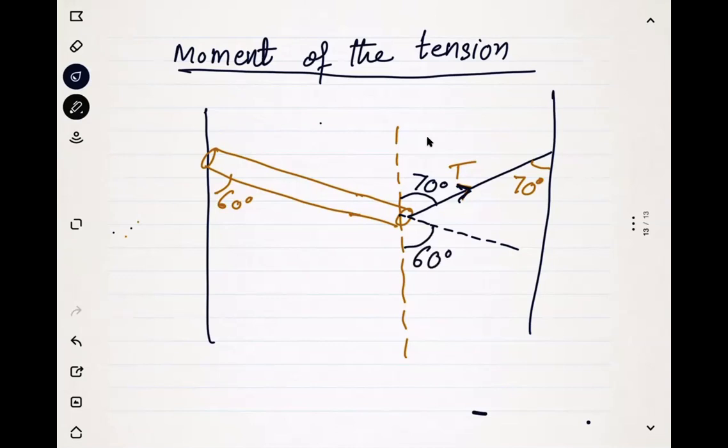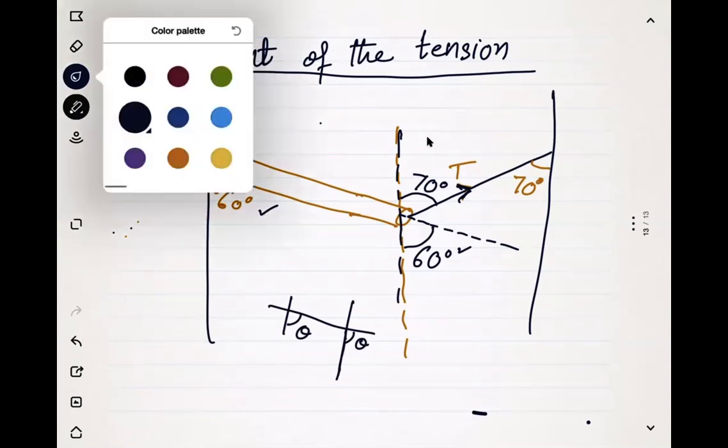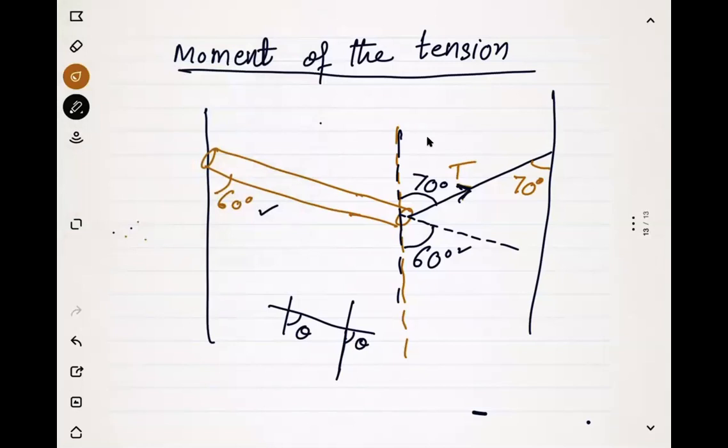So the angle above is 70 and this angle is 60 degrees. The reason being, if you have two parallel lines, then these angles become equal. For example, if this angle is theta, then this angle will also be theta. So the angle of the tension with the line of the rod will become 60 plus 70, it's 130. Now it is 50. I hope you understand how we get this 50.